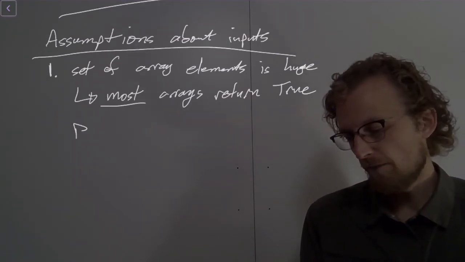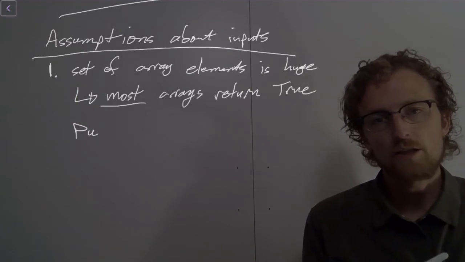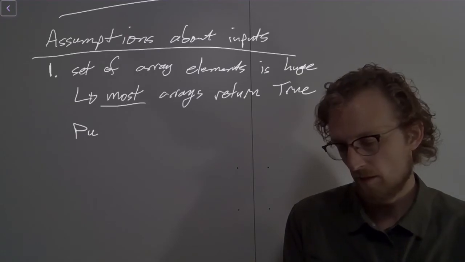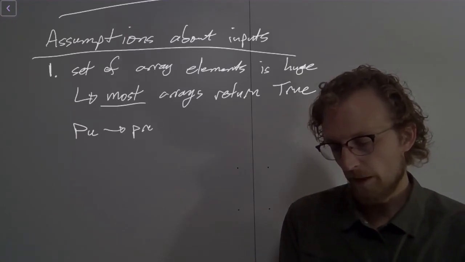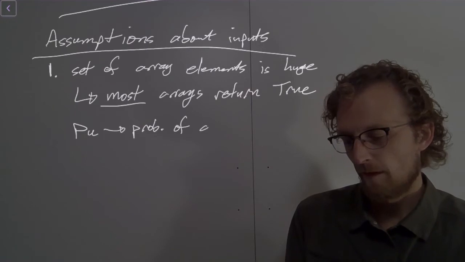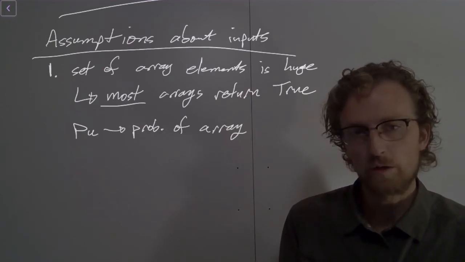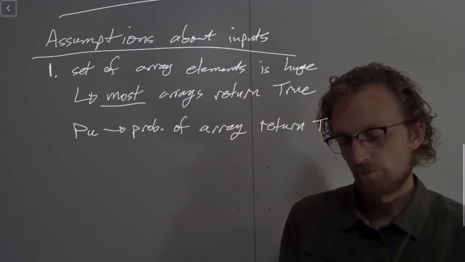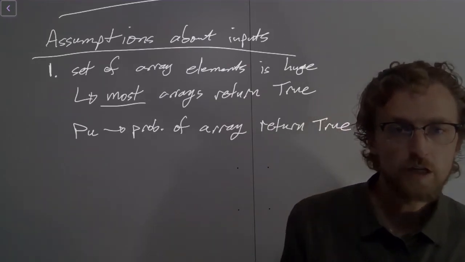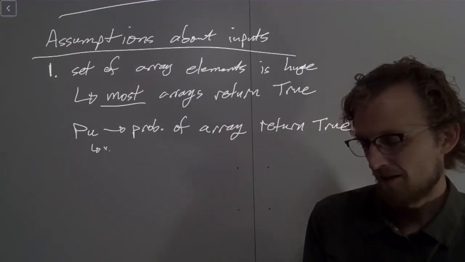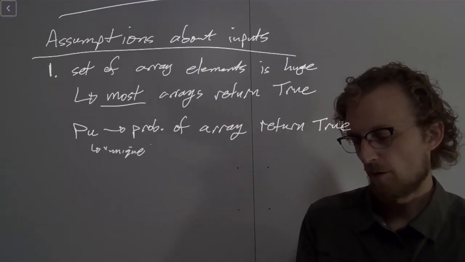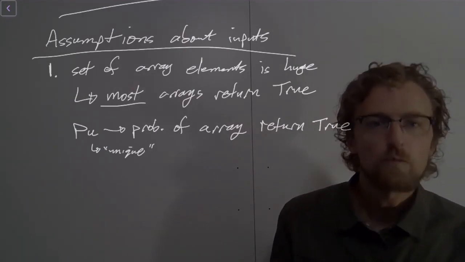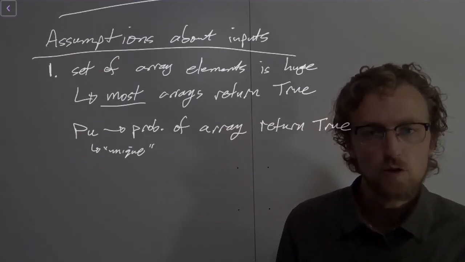Let's define PU as the probability that we get an array that has unique elements, or returning true. The U stands for unique. So this is the probability that there are no repetitions in the array. What do we know about this kind of input? We know that this kind of input is an n-squared input.